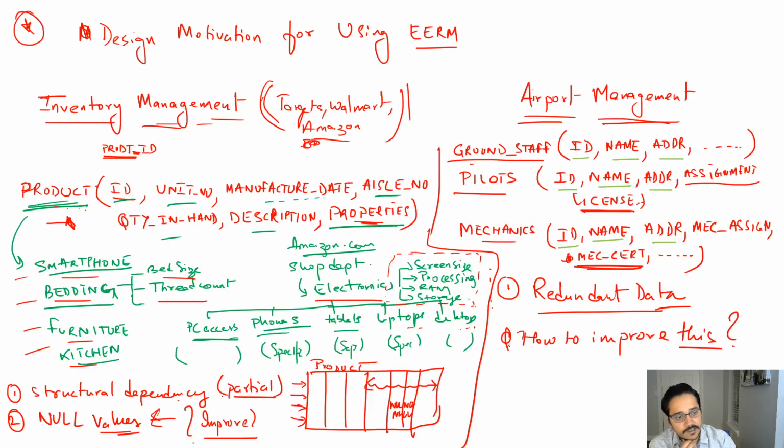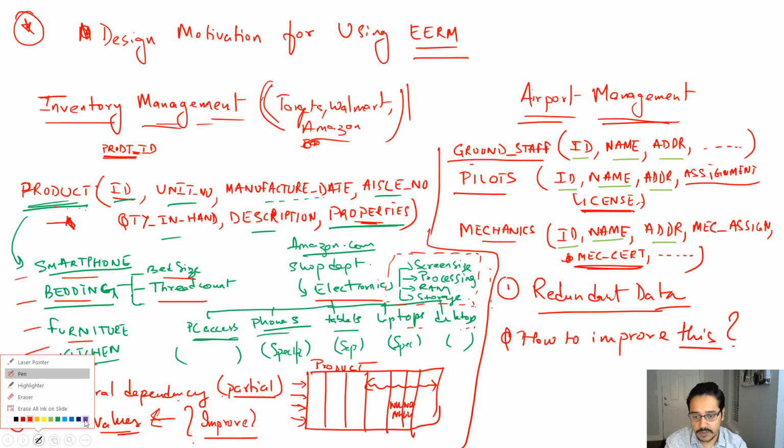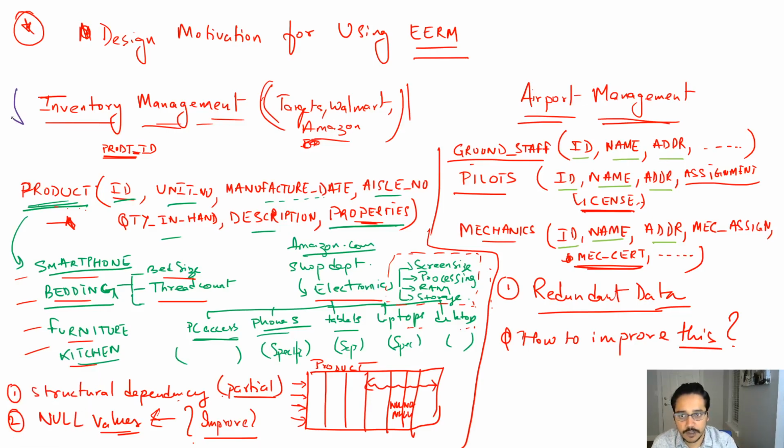Okay, so these kinds of design scenario challenges are addressed by the enhanced entity relationship model. When the first instance is addressed by the entity relationship model, it is known as specialization.